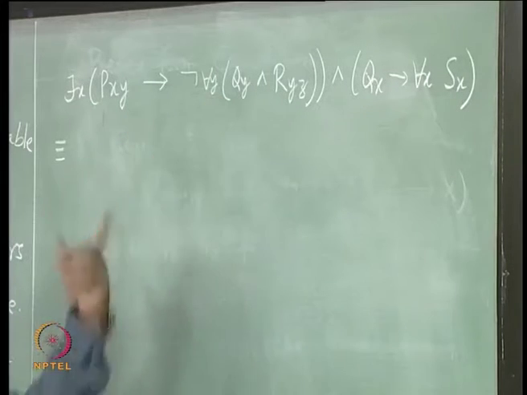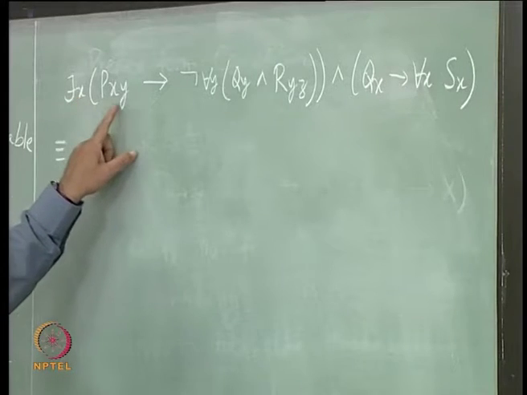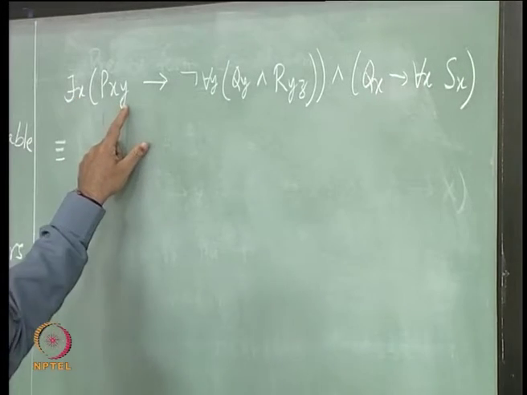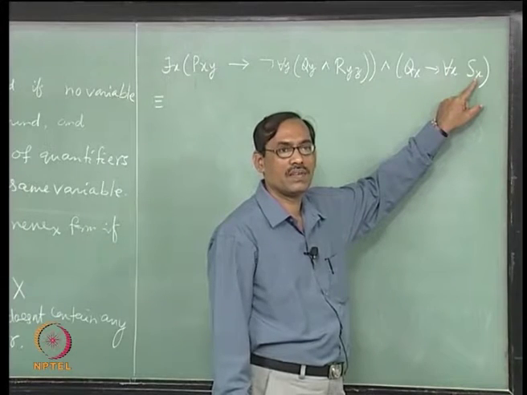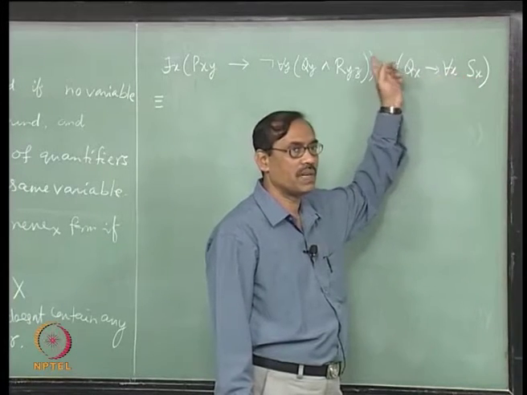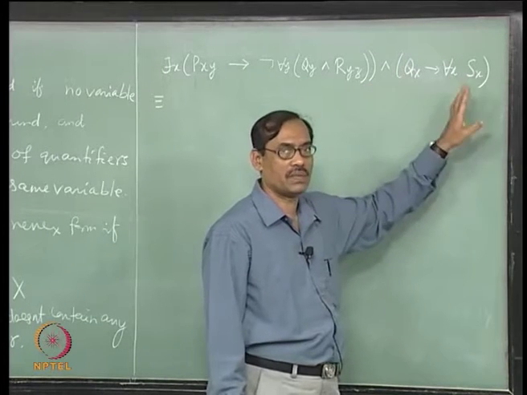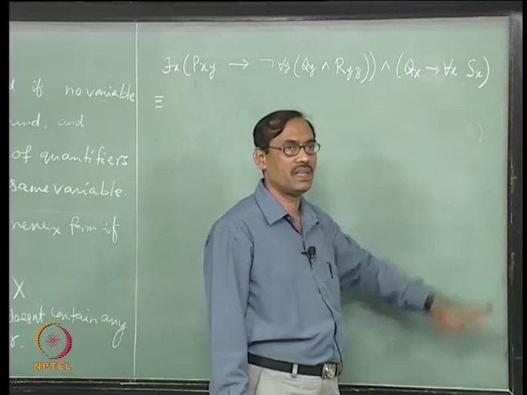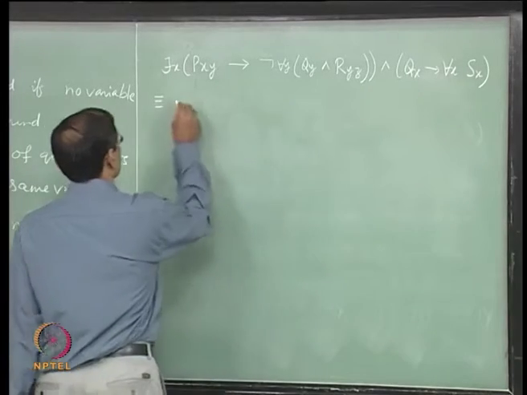So, bound occurrence of y also has to be renamed, and z is only free, it is not bound, so we can leave it as it is. Now, for x you have a bound occurrence here, you have another subformula where also it is bound. So, you will be using two different variables to rename it, and y also should be renamed. We need three renamings.